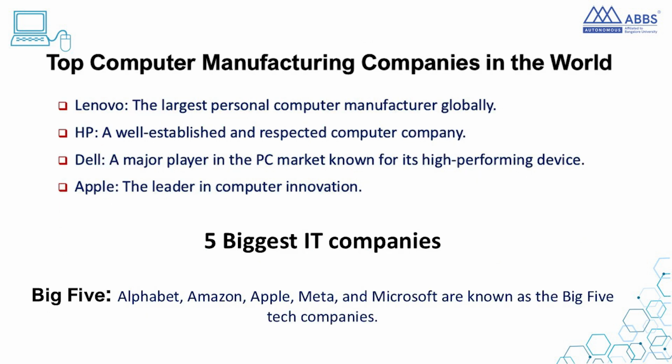When we look at the top computer manufacturing companies in the world, Lenovo, HP, Dell and Apple stand on top. Lenovo is the world's largest personal computer manufacturer. When we look at the 5 biggest IT companies, we have Alphabet, Amazon, Apple, Meta and Microsoft, also known as the Big 5 tech companies.